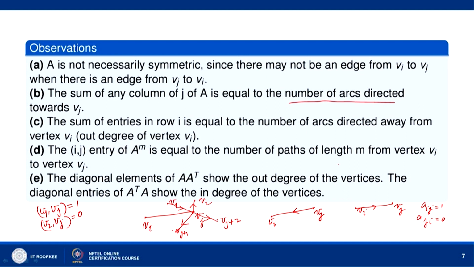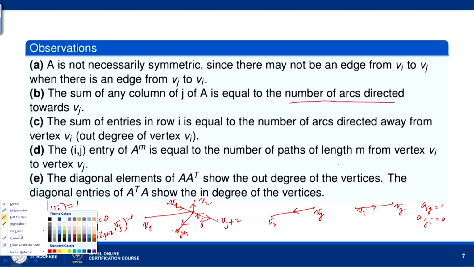And then suppose this is bj+1 in the jth column; then bj+1bj is equal to 0, and in this situation bj+2bj is equal to 0, because from bj+2 to bj we do not have any edge.